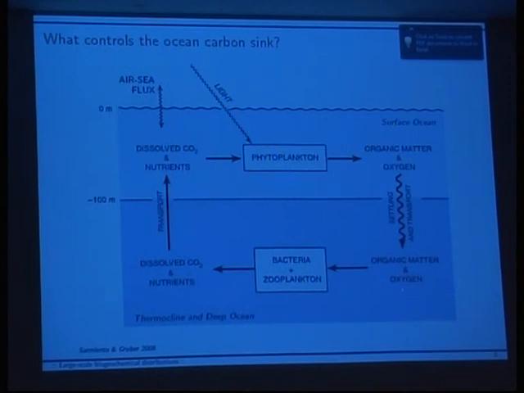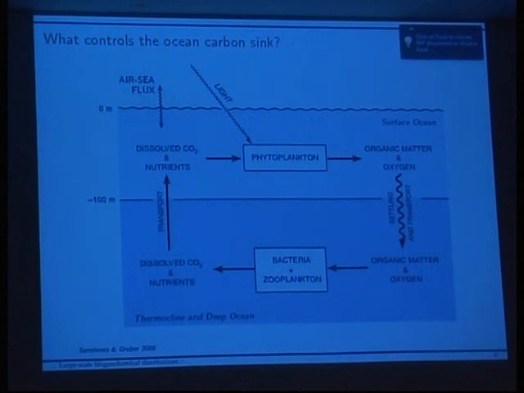So you need the respirators, so you need oxygen to convert this organic matter through the remineralization processes, which then lead to dissolved CO2 and to nutrients again. And these nutrients become extremely important then to feed the phytoplankton again, in these upwelling regions. In upwelling regions, you have vertical transport processes that lift the nutrient-rich water from the depths and bring it to the surface, where you can feed the phytoplankton again.